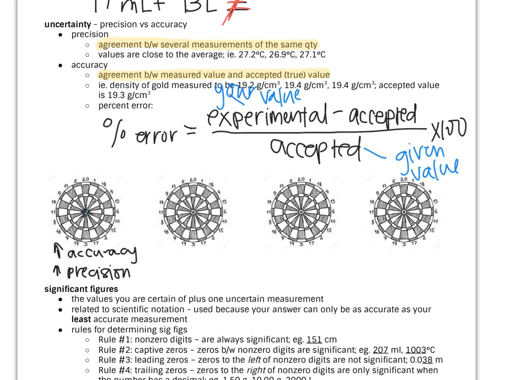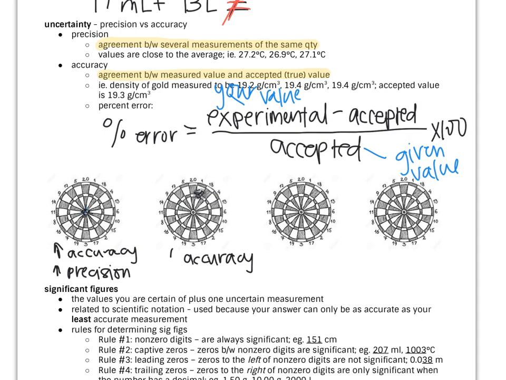If we had a cluster up here, what would it then be? What would our accuracy be? Remember, our accuracy, we want to be accurate or near the bullseye. So are we, if we're up here?